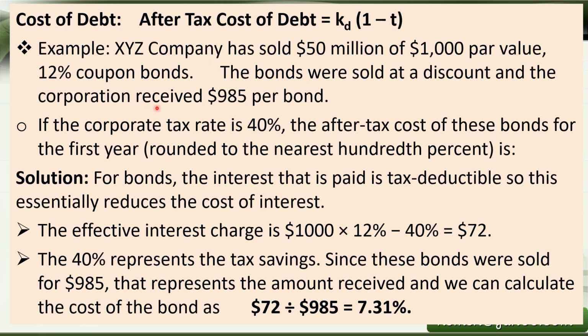The par value is 1000, but actually selling at the discounted rate, which is $985. So actually the company is receiving funds at the rate of $985 per bond. That is the actual capital that they receive. So therefore 72 is their cost payable. So accordingly they get 7.31%.